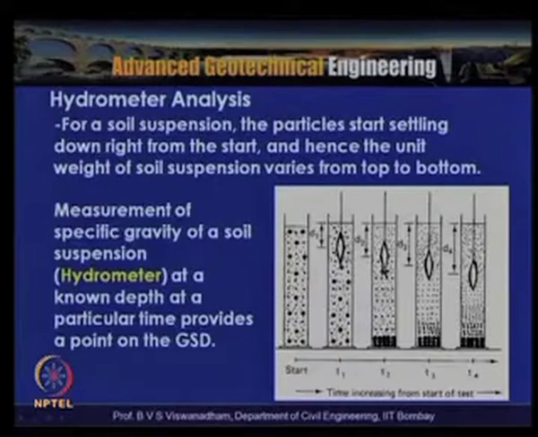After elapsing a time T2, again the reading is taken, and here you can see the particles which have settled at the base, and after certain times T2, T3 and T4, this situation of the settlement of the particles is shown. So, measurement of the specific gravity of the soil suspension at a known depth at a particular time provides a point on the grain size distribution curve.